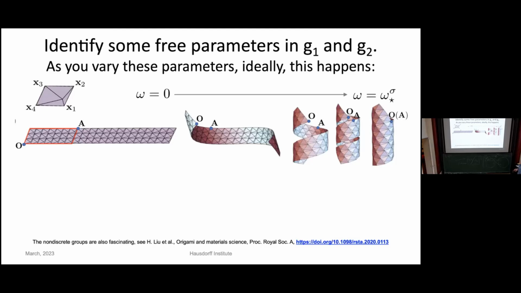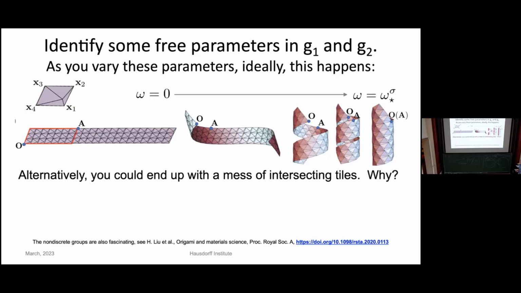That's what you would like to happen, but that won't happen. But it turns out that it can happen under something very simple, something very well known. One thing that could happen is you could end up with a mess when you start changing these parameters. What am I changing? I'm changing just omega here.